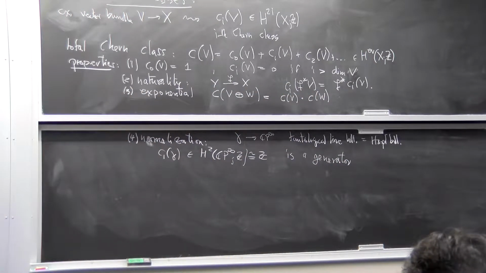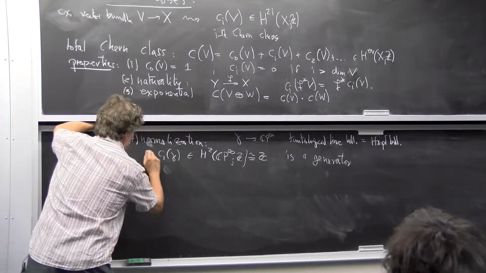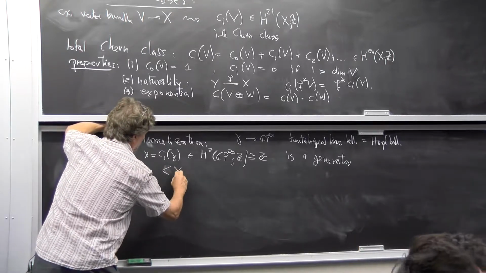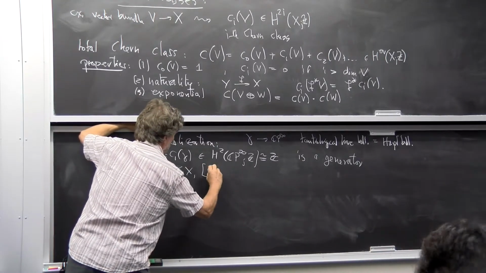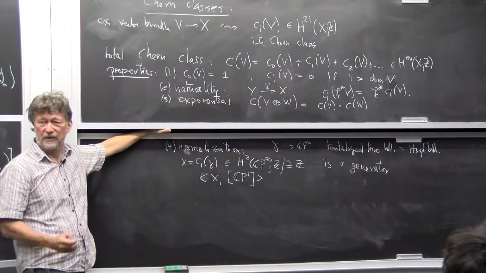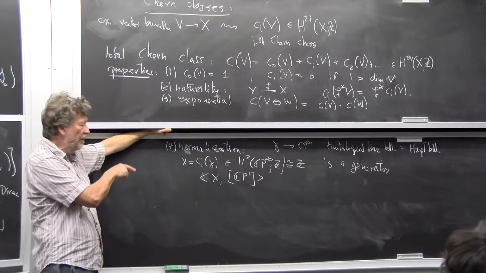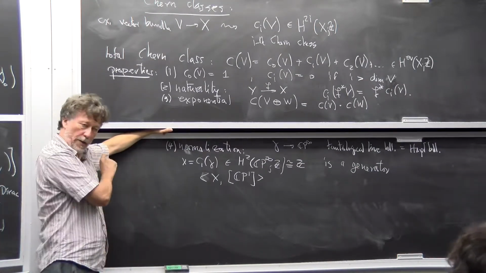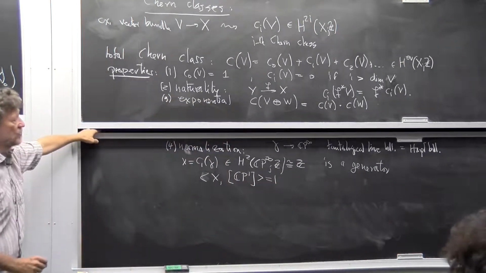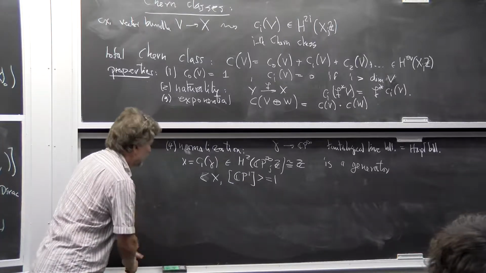So which generator of those two is it? Well, I can pin it down by requiring that if I evaluate on the fundamental class of CP1, right? That's a nice complex manifold. So the complex structure of this manifold picks out an orientation. If I evaluate on that, I want to get 1. All right, that's the normalization property of the Chern class.